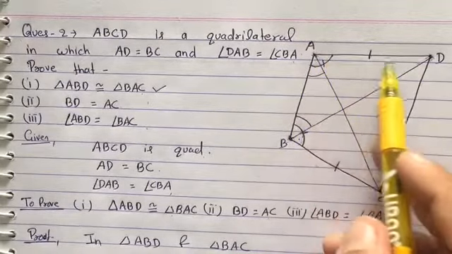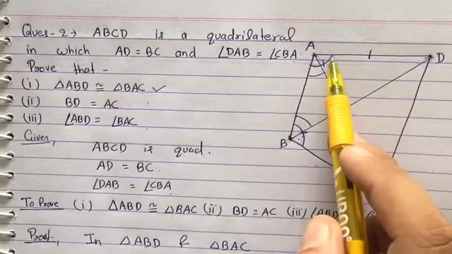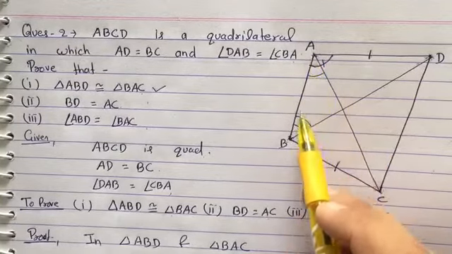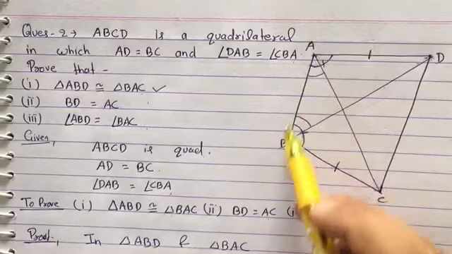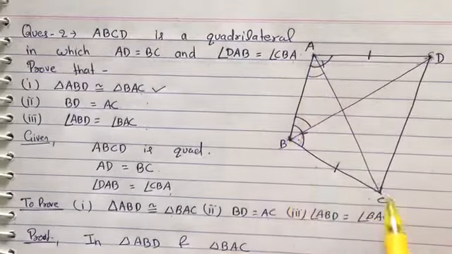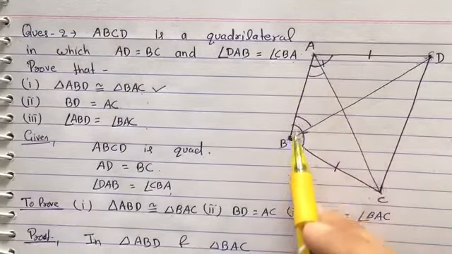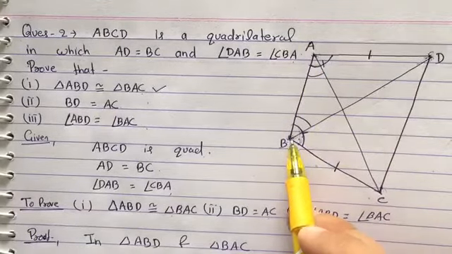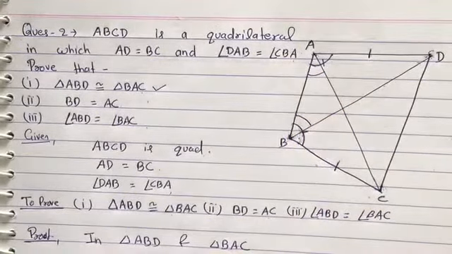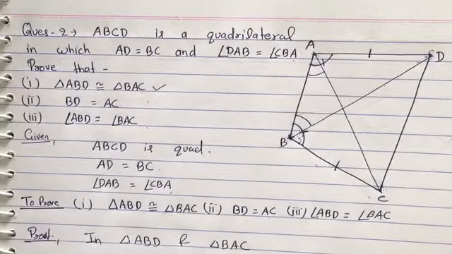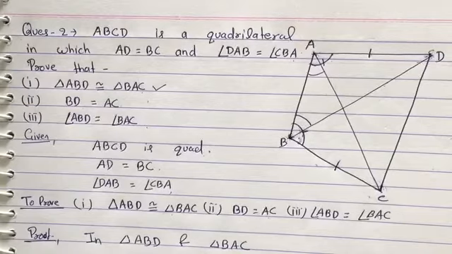So one side, then one angle, then one side. In triangle ABD and in triangle BAC, one side, one angle, then one side. So here it is showing that SAS congruency is going to apply.